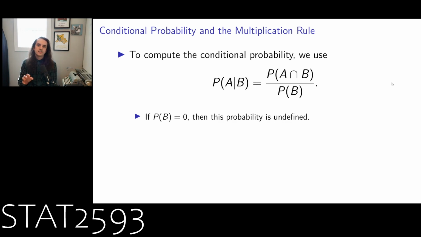Now, if the event has probability 0, if the probability that B occurs is 0, then we don't define this probability here, right? We say it's undefined, and that would be because we're dividing by 0. But also, in some sense, you could think about this as not being a super intuitive notion, right?